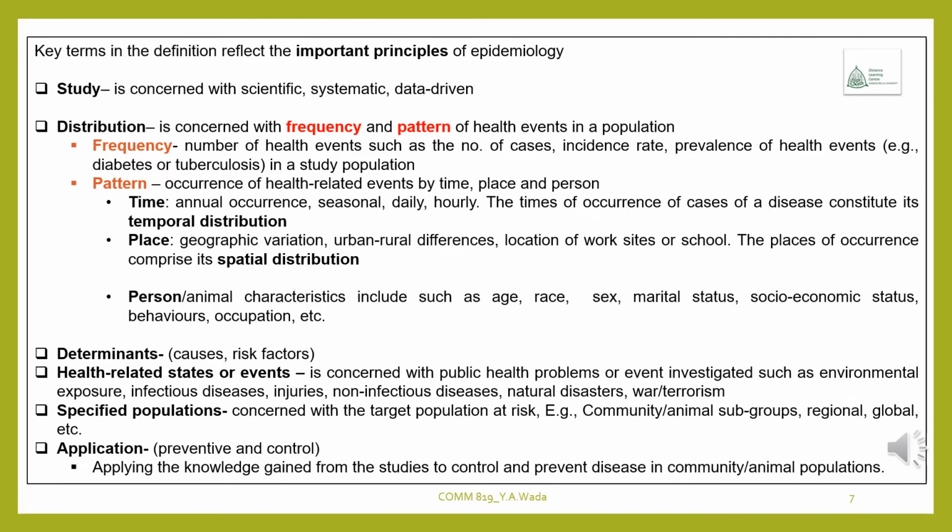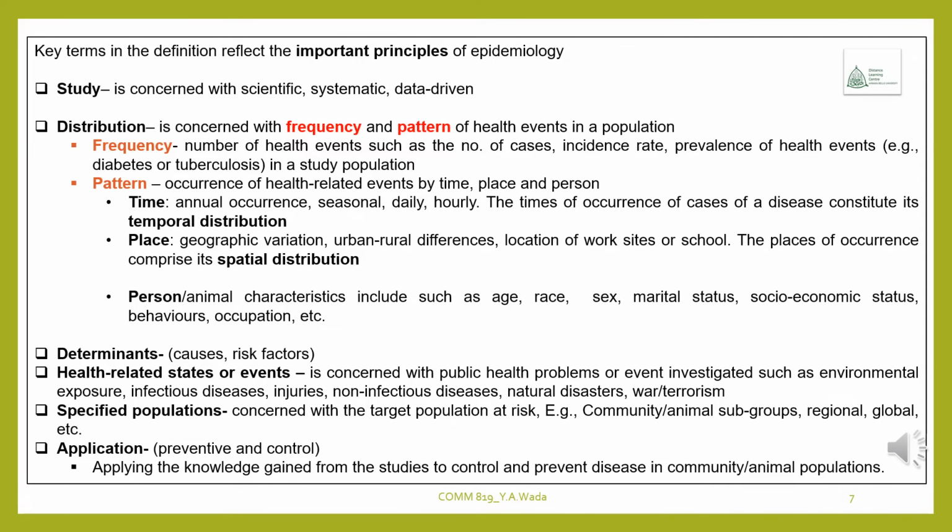So the time pattern tries to explain the annual, seasonal, daily, hourly, weekly occurrence of a particular infectious disease. The times of occurrence of a disease constitute its temporal distribution, while the place pattern tries to tell us about the geographical variation.